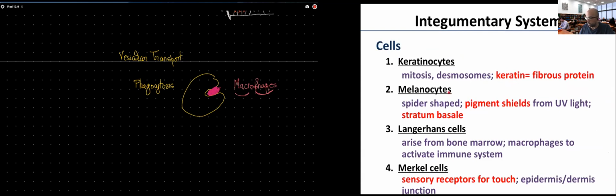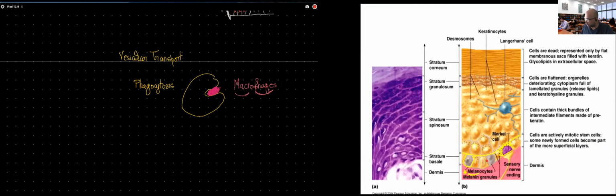We've got the melanocytes, and those are spider-shaped cells responsible for the formation of pigments that act as shields from the ultraviolet light. And again, don't forget, where do I have the melanocytes? They are present in the stratum basal of my epidermis.